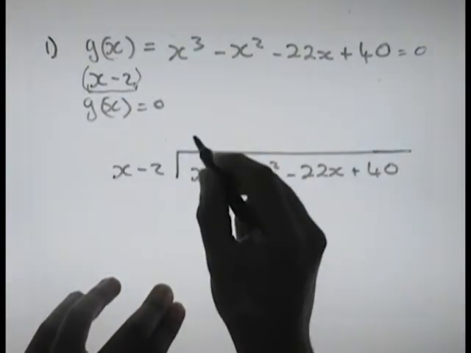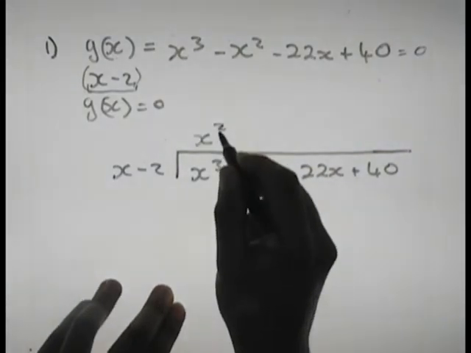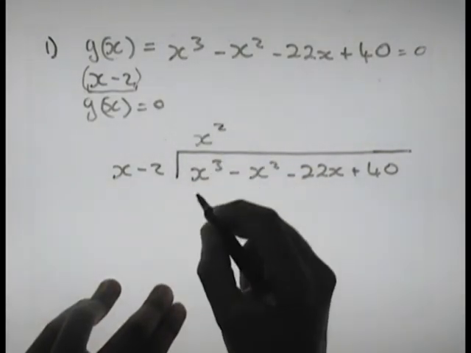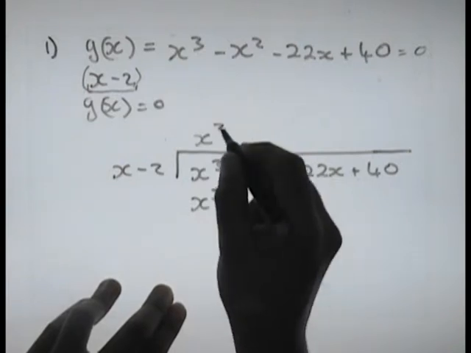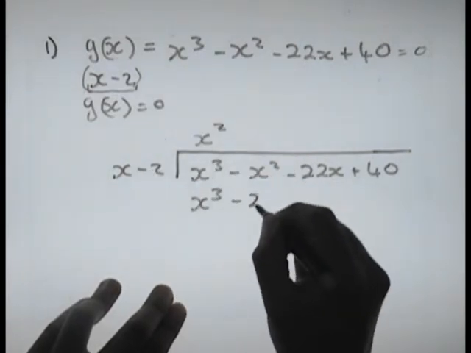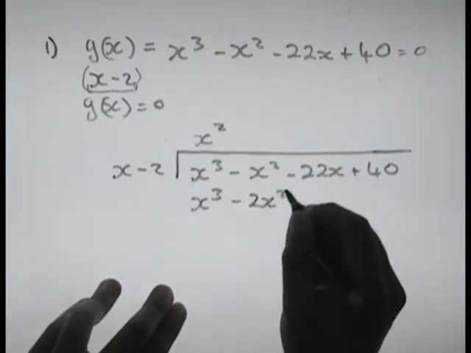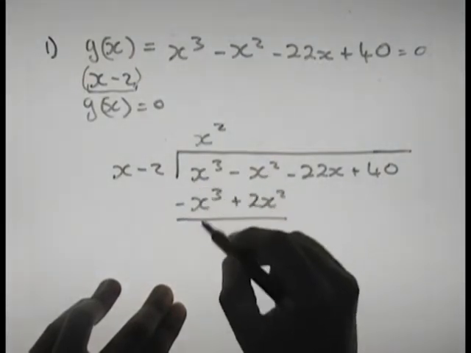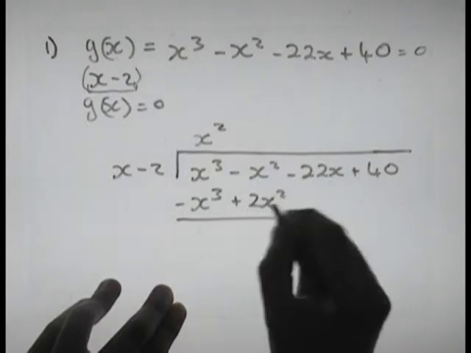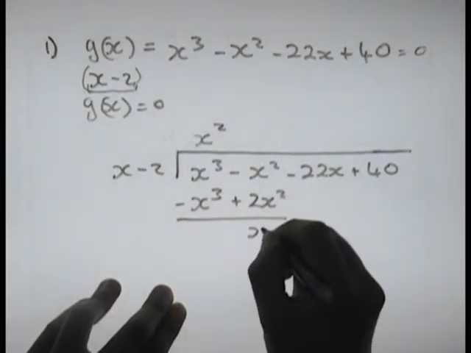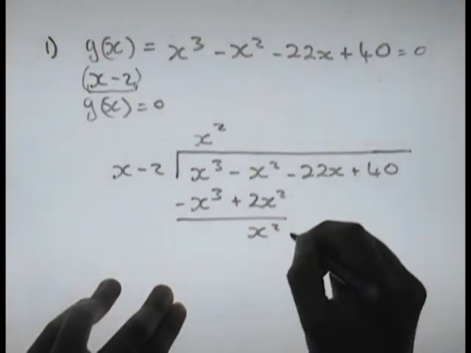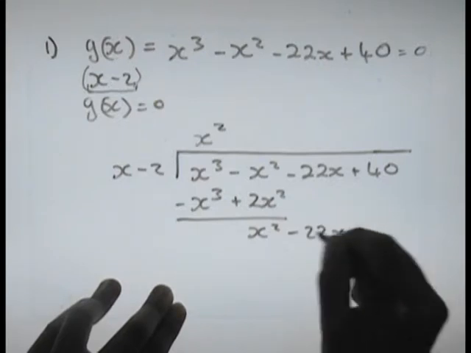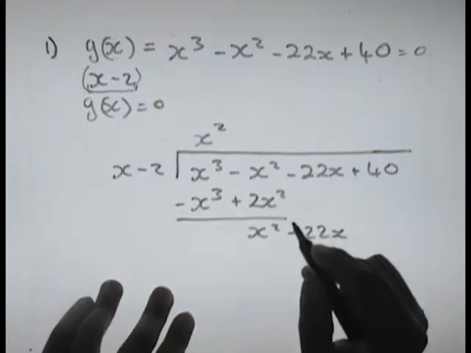X into x cubed will go x squared times x is x cubed, x squared times negative 2 is negative 2x squared. Change the signs, add them. That's going to give me 0. Minus x squared plus 2x squared is going to give me x squared.